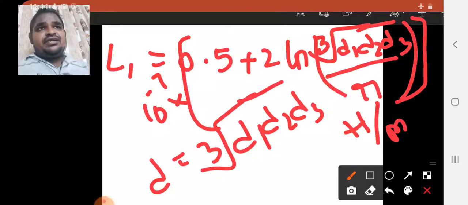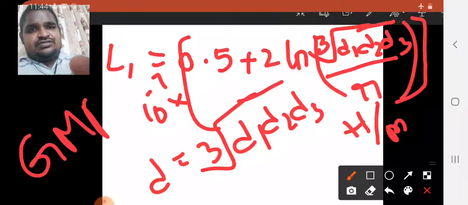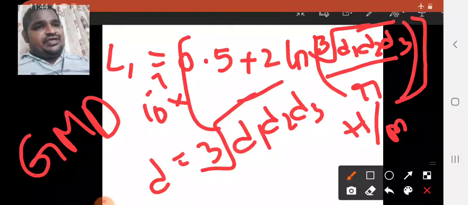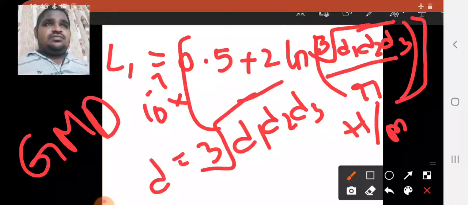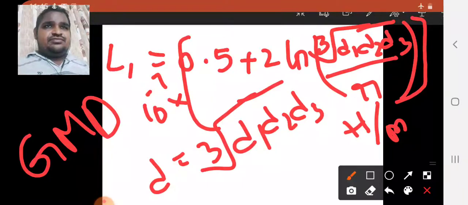Geometrical mean distance. So D is taken as GMD. Or we can also write D by R dash, where D is GMD and R dash is GMR, as we discussed earlier. Dm is there, Ds is there.